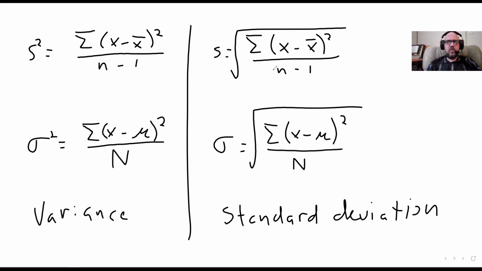And I will explain more when we get to t distributions and start talking about degrees of freedom a little bit. But essentially, the way you want to think of S, so S is the symbol for sample standard deviation, and sigma is the symbol for population standard deviation. The way you want to think of S is that it is estimating sigma, right?